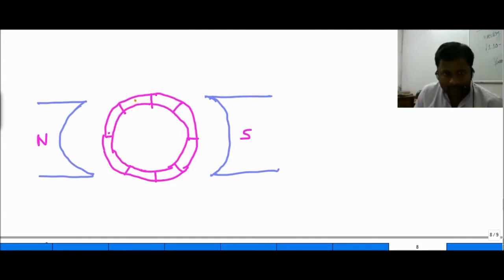Let's suppose 1, 2, 3, 4, 5, 6, 7, 8. Here we are using 8 segments, so the number of coils is basically 8. So just put it like this.